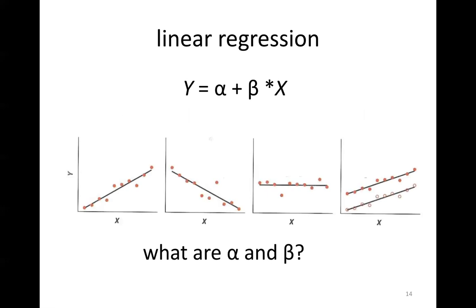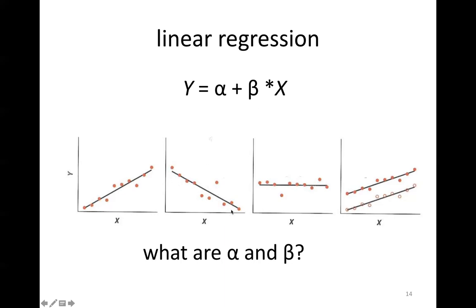Okay, so let's do a small thought exercise to try to guess what alpha and beta would be in these different regression examples, so that we develop a feeling for the regression formula. Here we have a positive relationship, positive correlation coefficient, of course, and the slope should be a positive value, right?